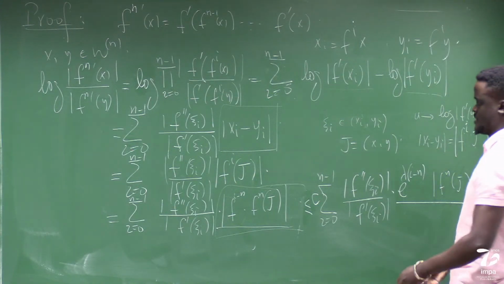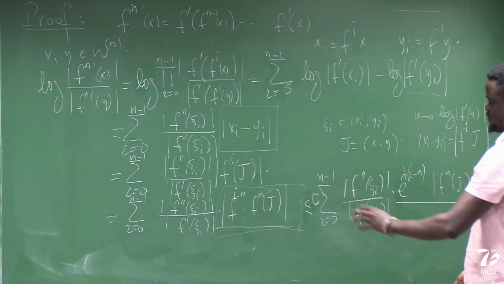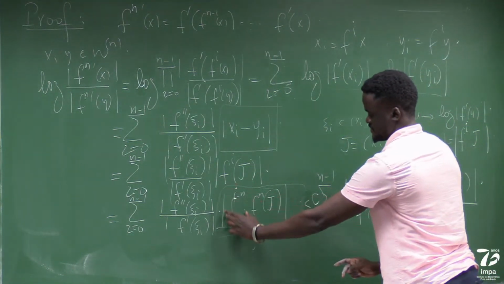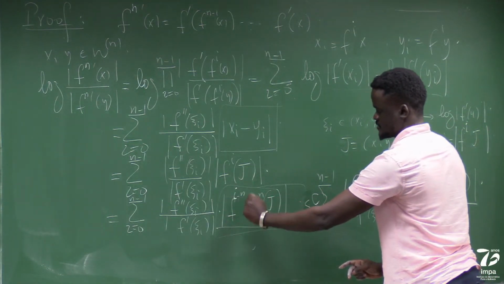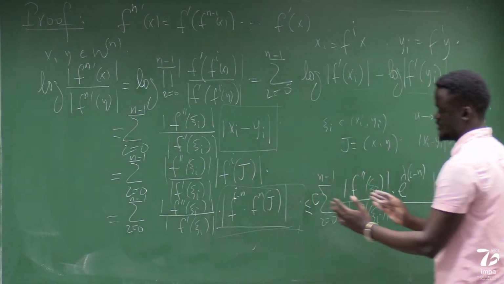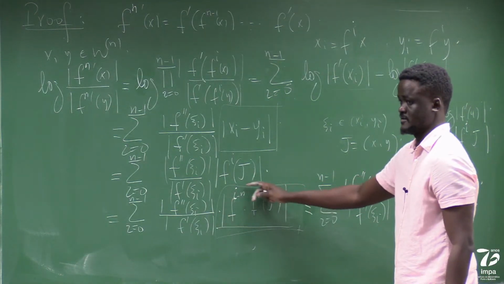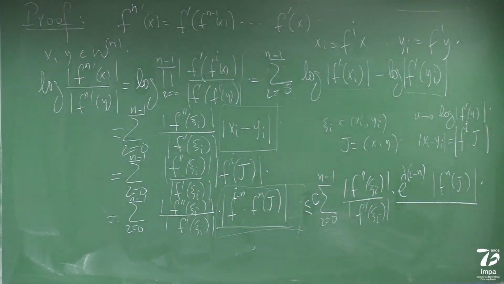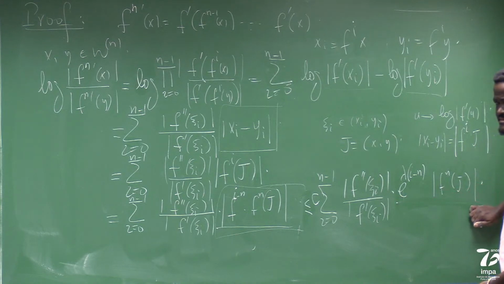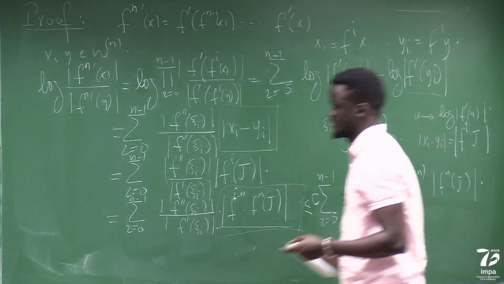This will be bigger than the derivative of this at some point times this size, but the derivative is small in n by this factor because this is negative. Okay. Is this clear? Can you follow this? Or maybe let me explain it better.